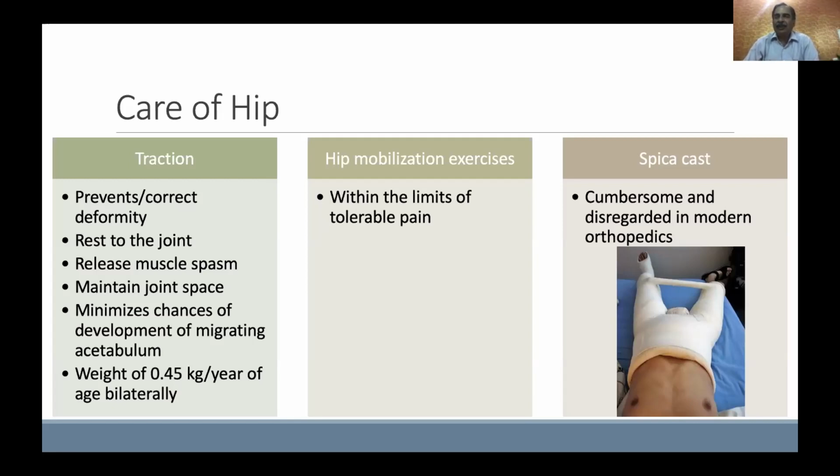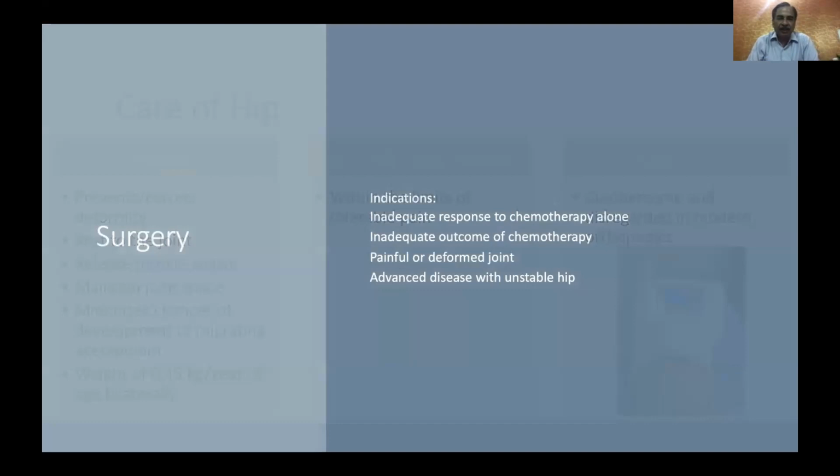These days, I'll put them in a single hip spica, not the 1.5 spica, and let them walk on the good leg and keep the spica on for 6 weeks or so till the time the hip becomes stiff in a functional position.